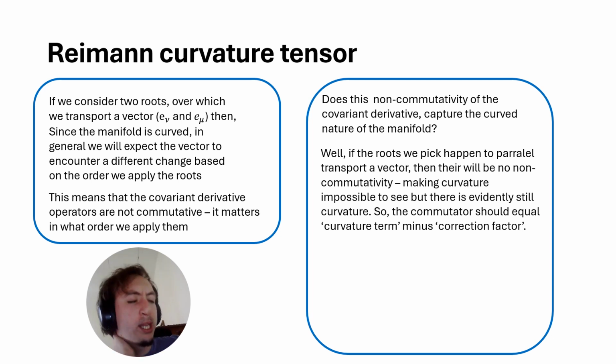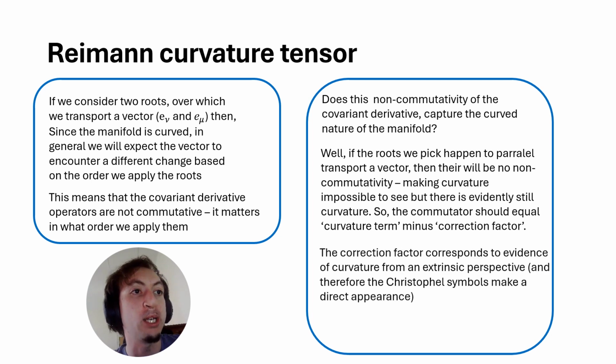And actually that condition, that this other term with a minus in front of it has to cancel out the curvature in the cases where we're parallel transporting our vectors, that condition actually tells you what form this other term is going to have to take.